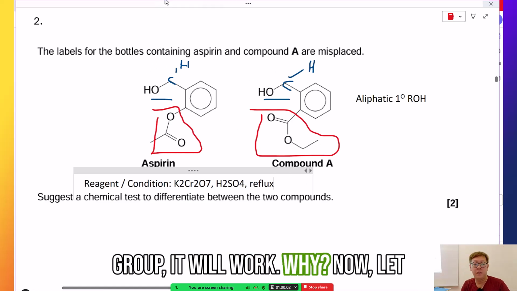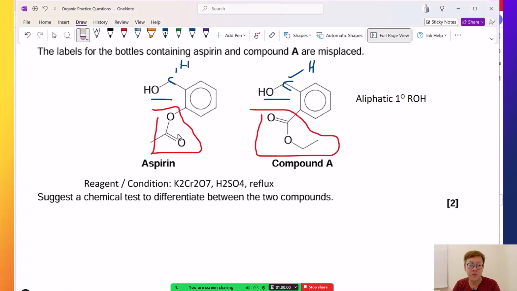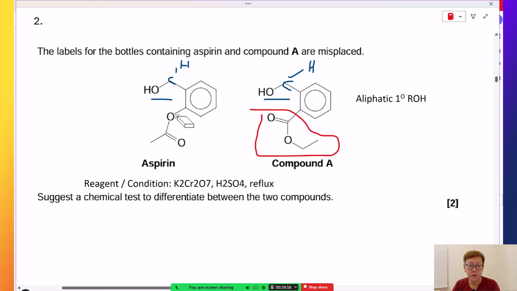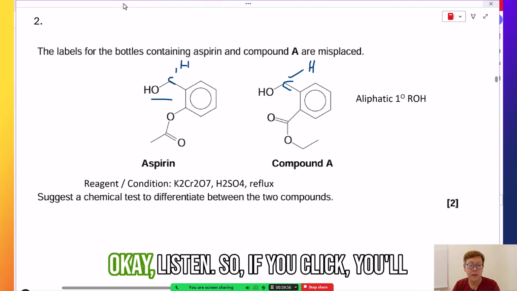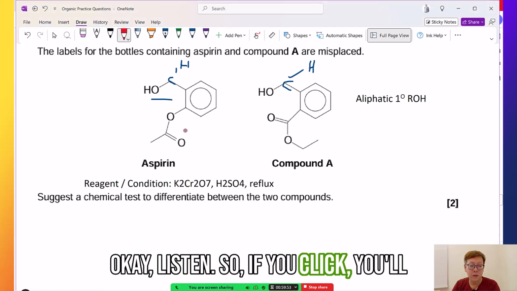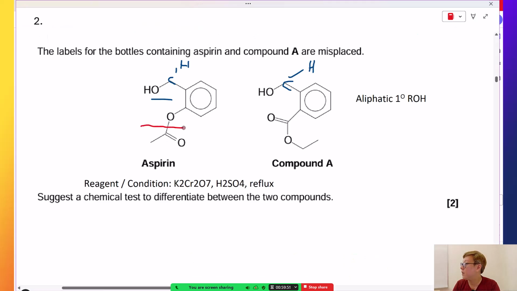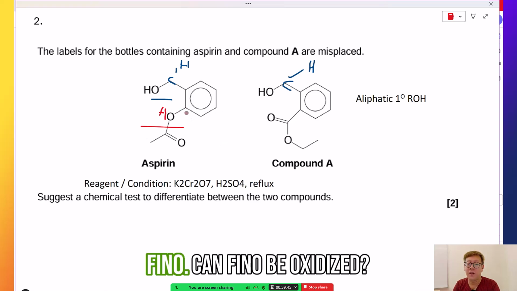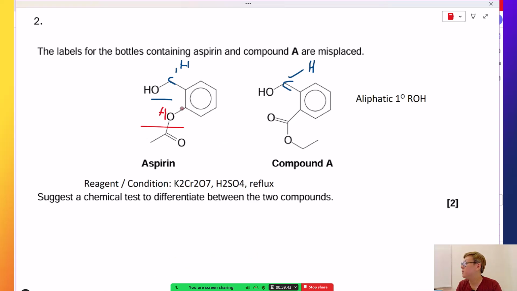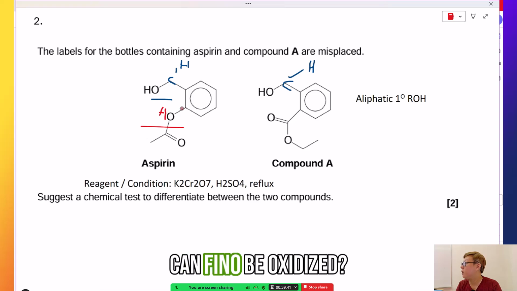Why? Now, let me draw out the ester product first. Okay, listen. So, if you cleave this bond, correct? So, this one you get back what? Phenol. Now, can phenol be oxidized? Can phenol be oxidized?